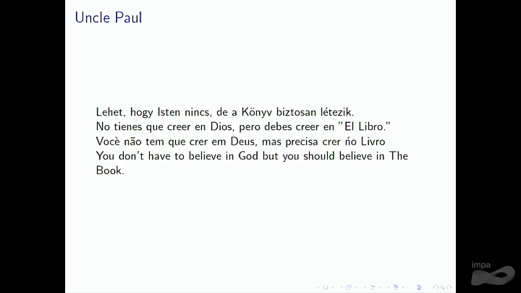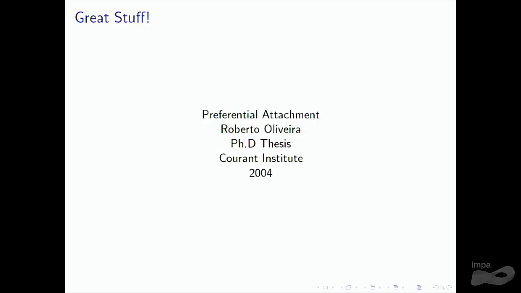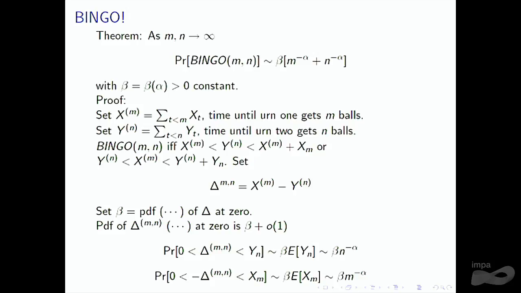I can't understand this. And he was my student and wrote a beautiful PhD thesis on preferential attachment. And I've kept on thinking and thinking about these problems. And what I'm talking about today can be thought of as a follow-up on Roberto's beautiful PhD thesis.